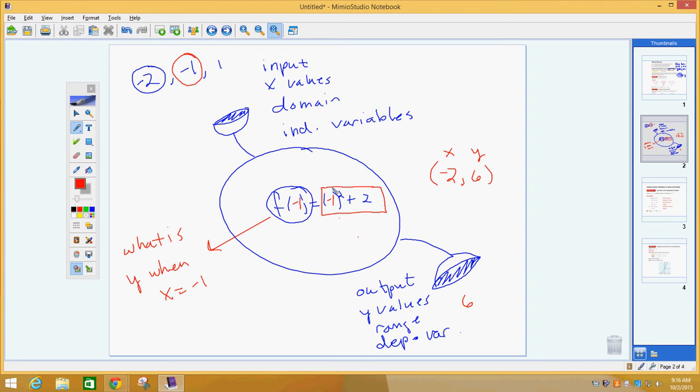So what I'm really concerned with is this operation here, simplifying this expression on the right. Negative 1 squared is 1 plus 2. 1 plus 2 is 3. So it comes out as a 3. The next ordered pair would be negative 1 comma 3. So, and quickly, 1 goes in.